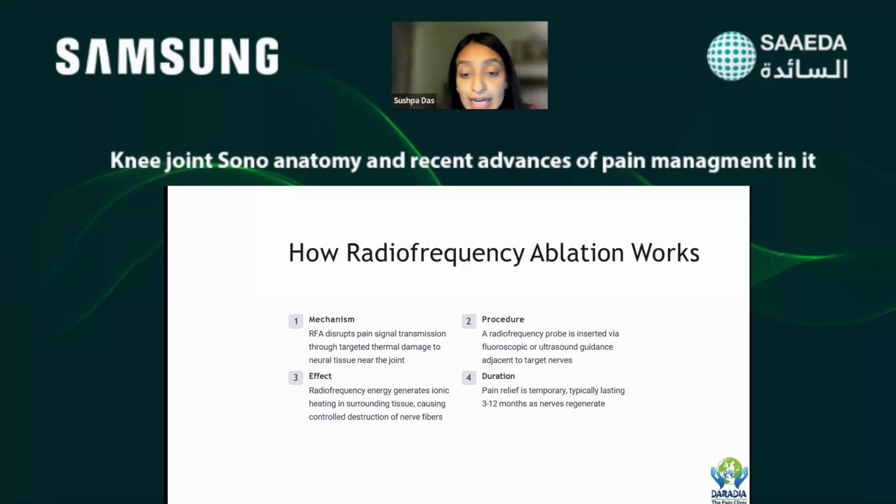Fluoroscopy basically is used to anatomically locate the bone and then place the radiofrequency probe on it. So I would like to emphasize that ultrasound gives a better visualization of blood vessels, and it helps in better visualization of the nerves.